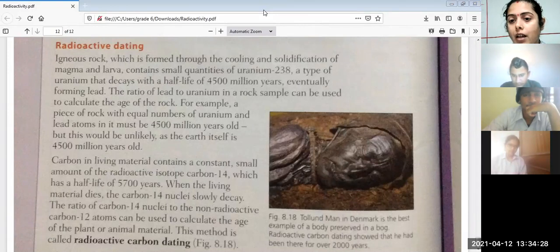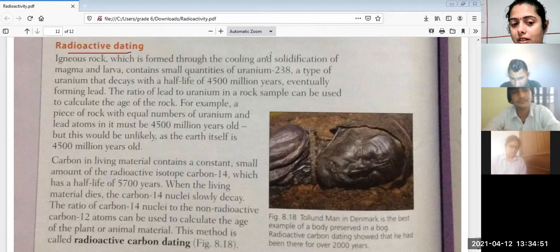You get to know whether it is 20 years old, 200 years old, or millions of years old. Depending upon the kind of radiations, we call it radioactive carbon dating.